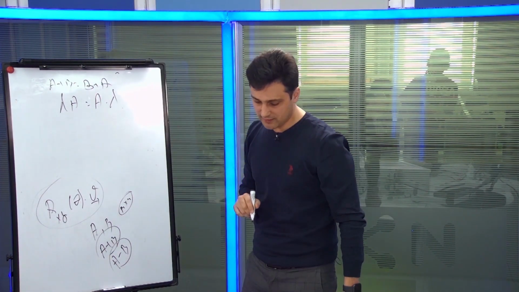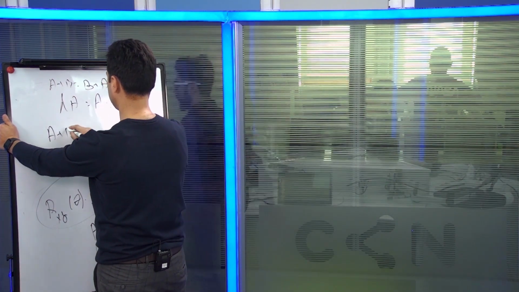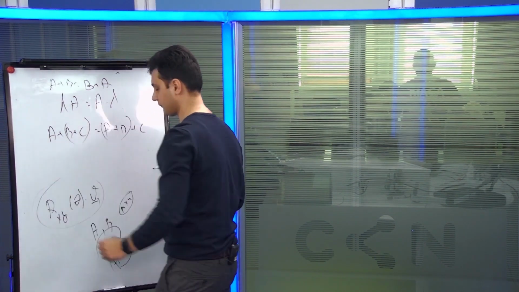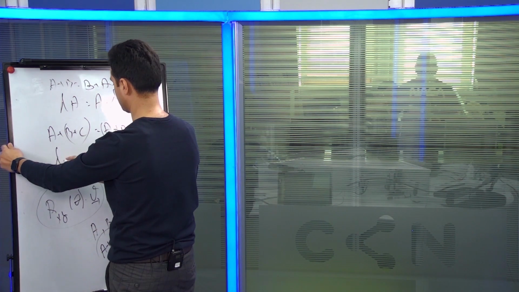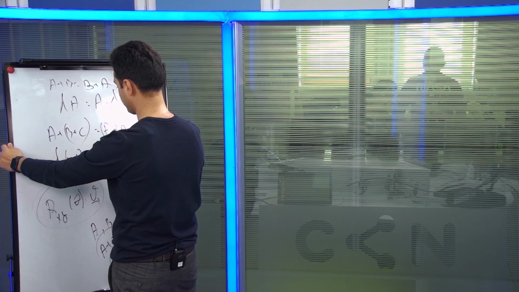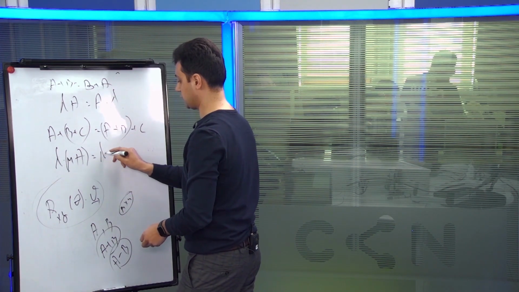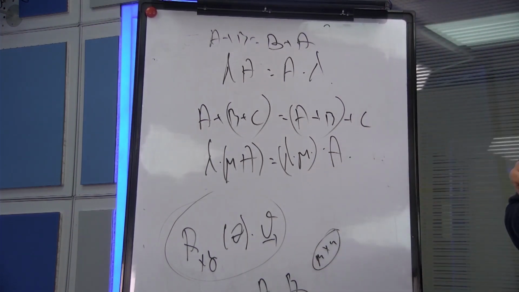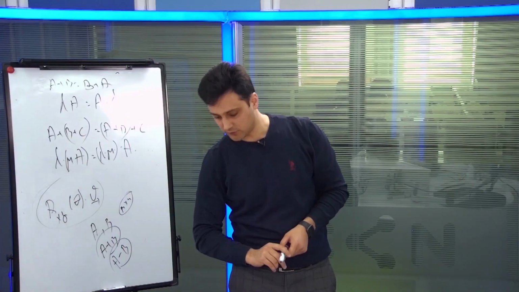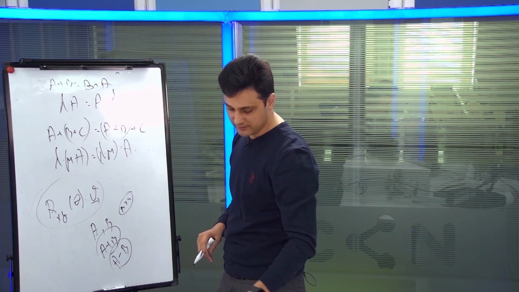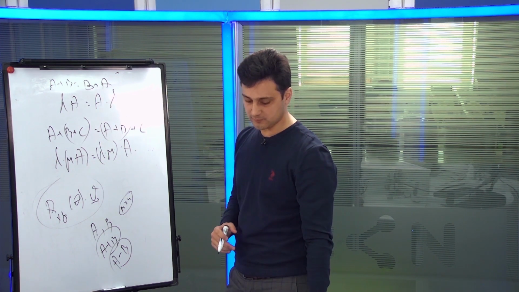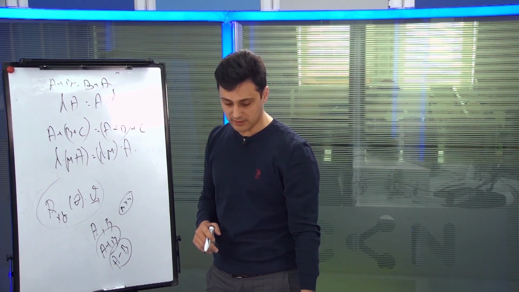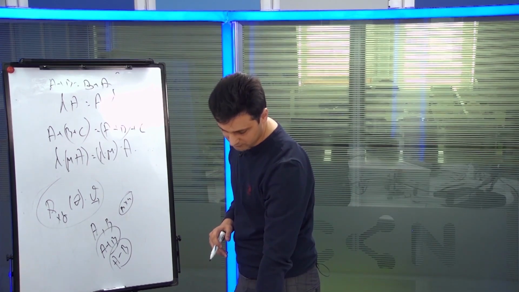Next, the associative law: A plus B plus C is equal to A plus B plus C, and lambda mu A can also be written as a multiplication of scalars, then the matrix. The distributive laws are also given: lambda times A plus B, we can open the bracket, lambda A plus lambda B. The same for scalars: lambda plus mu multiplied by matrix A, we write lambda A plus mu A.